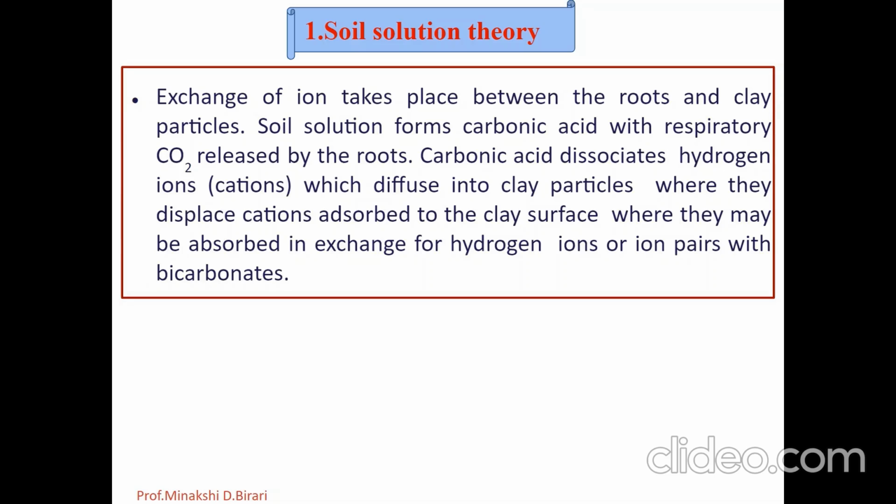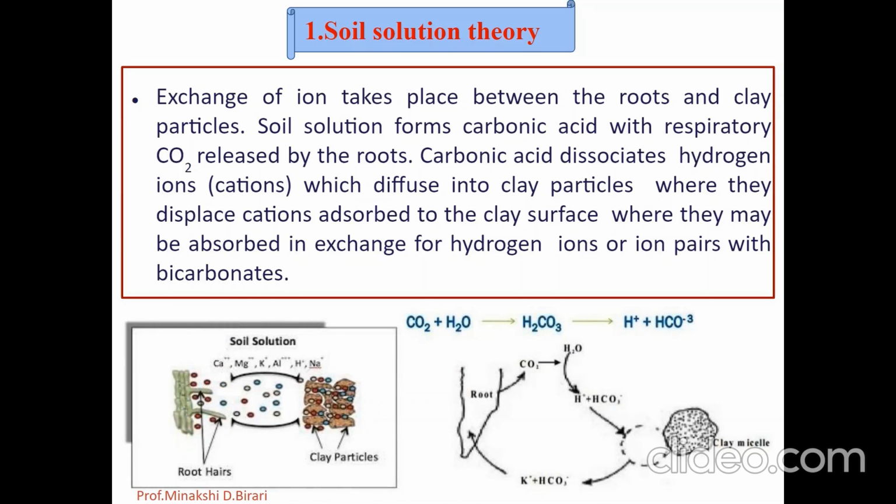Carbonic acid dissociates into hydrogen ions, which are cations, and these diffuse into clay particles where they displace the cations adsorbed to the clay surface, where they may be absorbed in exchange for hydrogen ions or as ion pairs with bicarbonates.